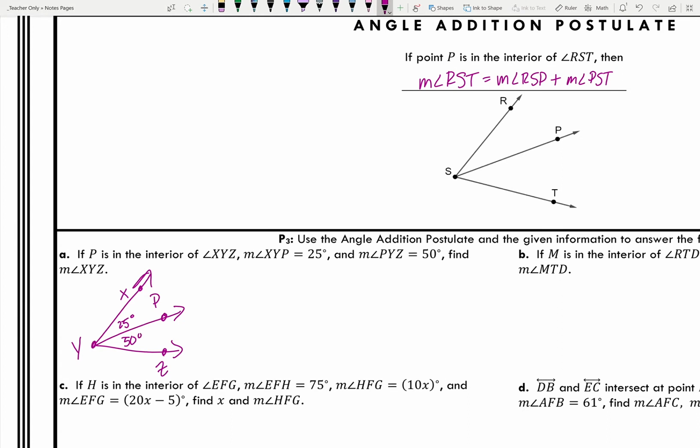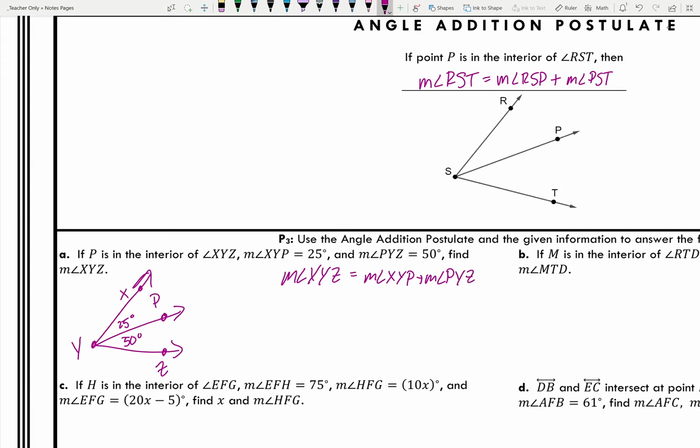So I know that the measure of angle XYZ is just equal to the measure of angle XYP plus the measure of angle PYZ.